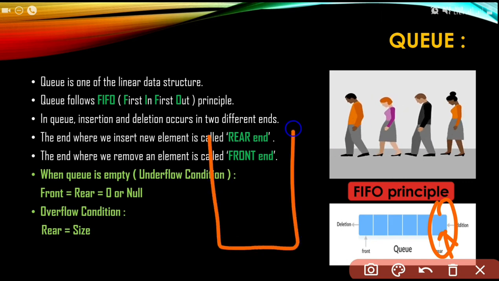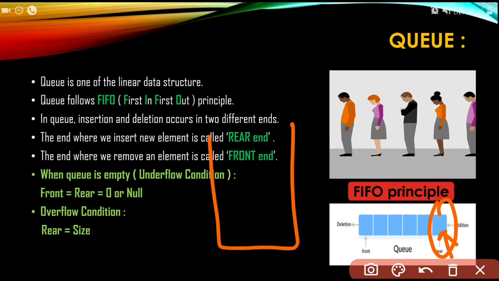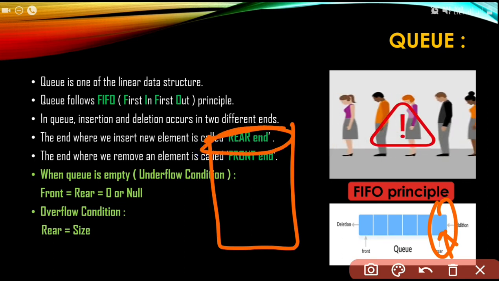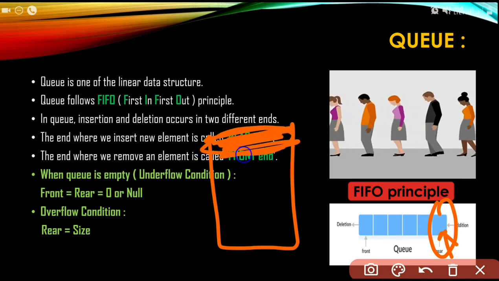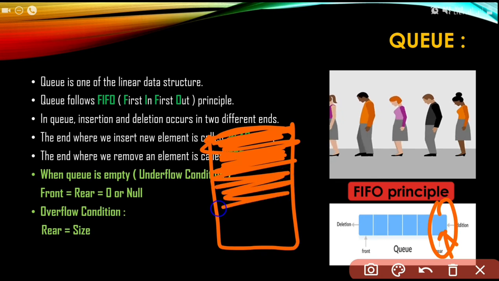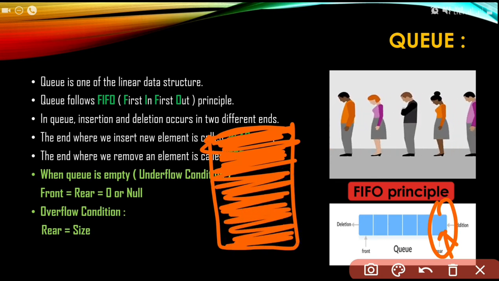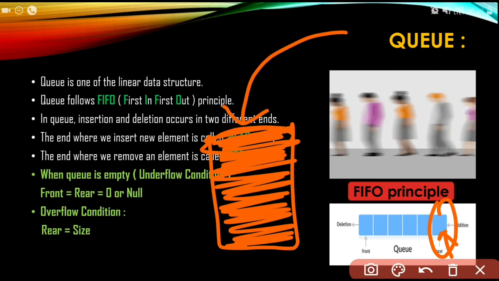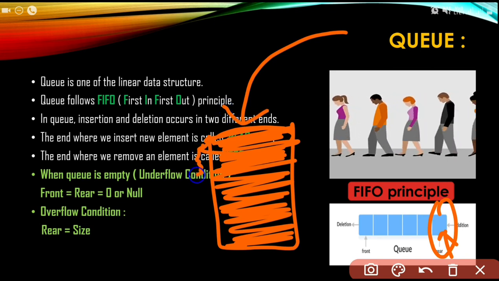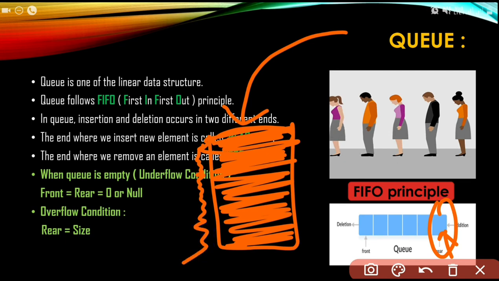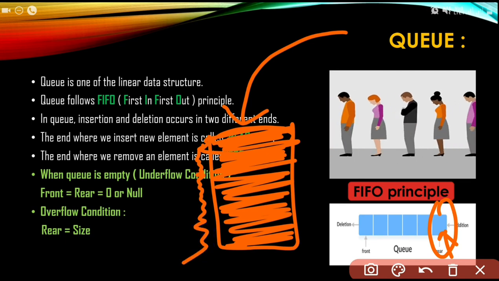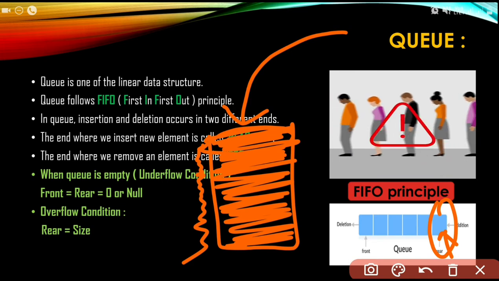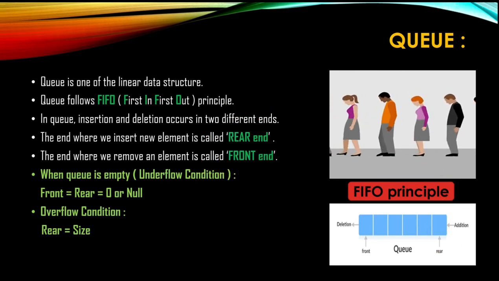I told you earlier also about a glass of water. When a glass of water is full to the top and we again fill water, it starts flowing down. It means overflow condition. The same thing you have to keep in mind in a queue also.